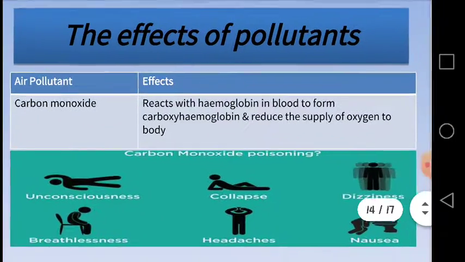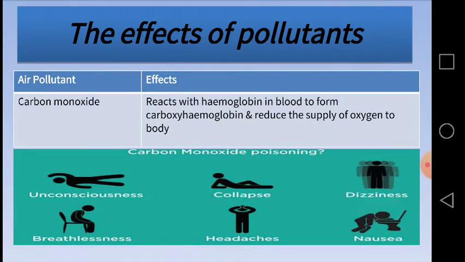Now we are going to focus on the effects of these pollutants, specifically carbon monoxide, sulfur dioxide, and oxides of nitrogen, according to your syllabus. From this picture you can see the effects of carbon monoxide on human health. Dear students, carbon monoxide is a very poisonous gas and has the ability to react with hemoglobin.